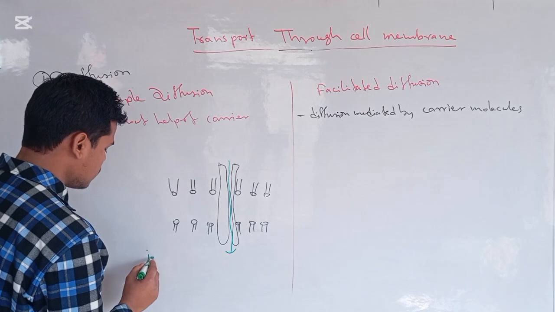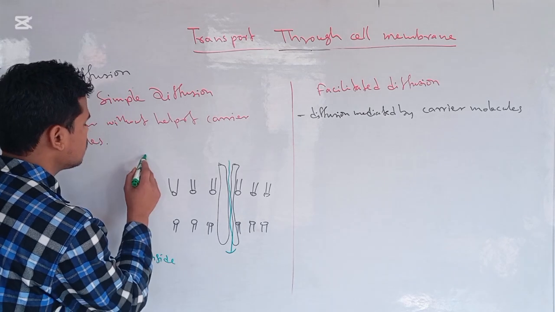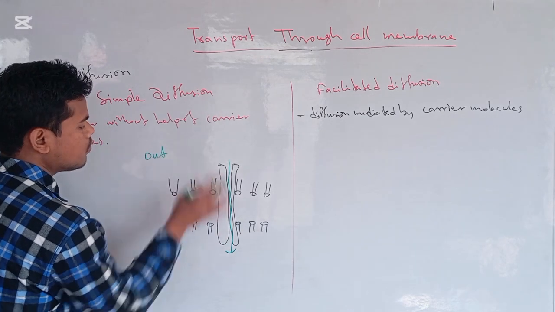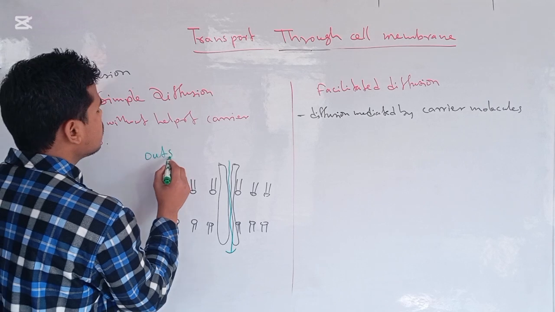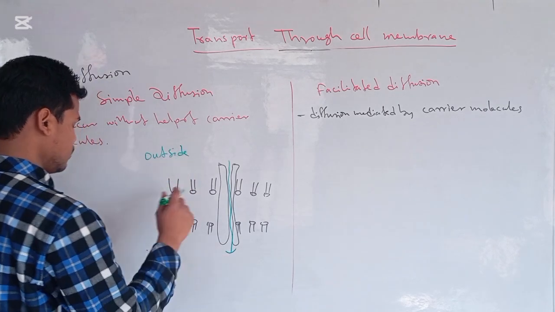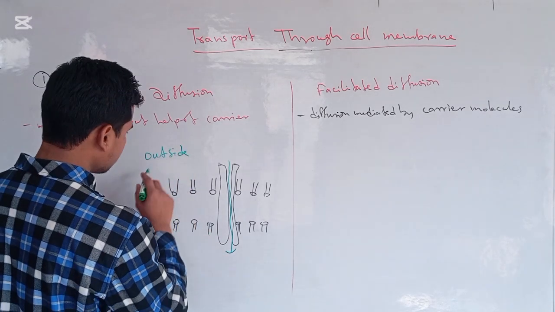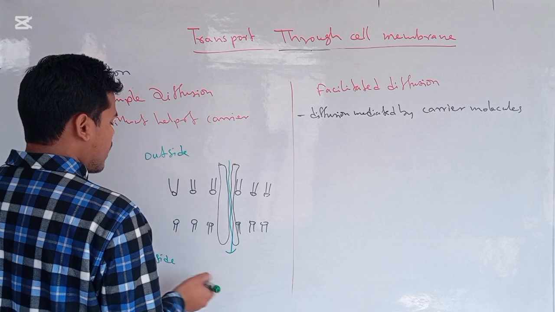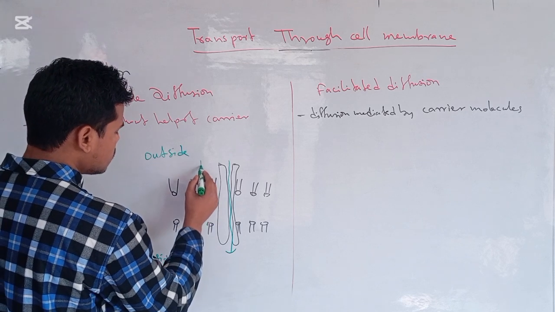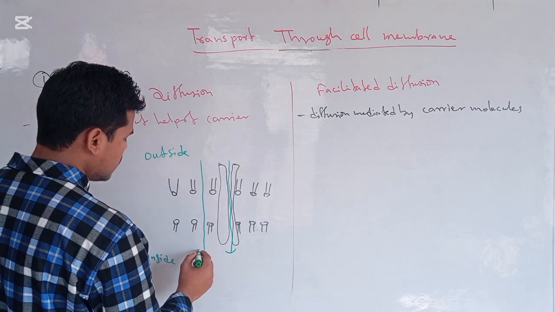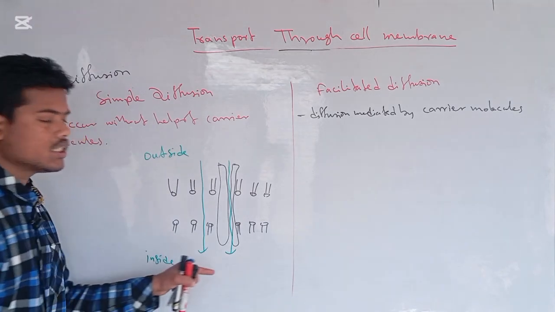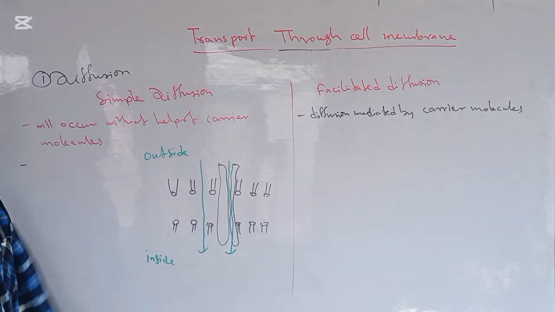Let's suppose this is inside the membrane and this is outside. In the reverse direction the diffusion can also occur. Or through the interstices of the lipid bilayer.